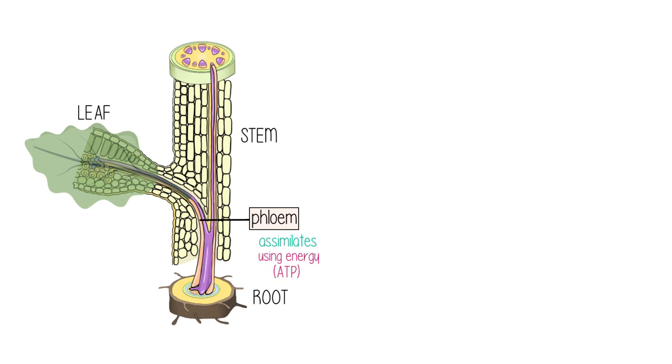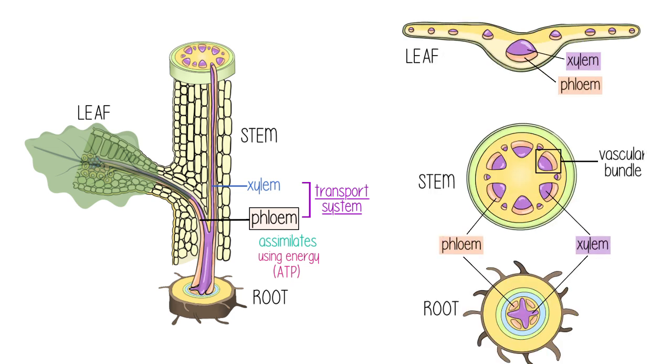Together, these two vessel systems, the xylem and phloem, make the transport system of the plant. And these transport vessels, be it in the root or the stem or the leaves, are always found together. Together, they make up the vascular bundle. So the structure where they're found together is called the vascular bundle. But the arrangement of the vascular bundle varies inside a root, a stem, and a leaf.